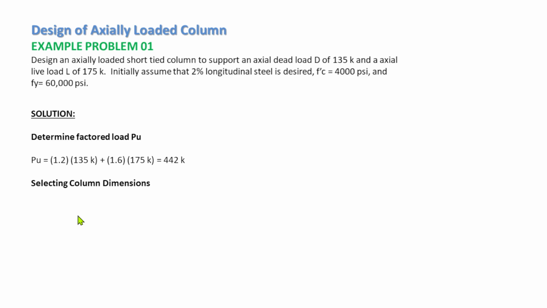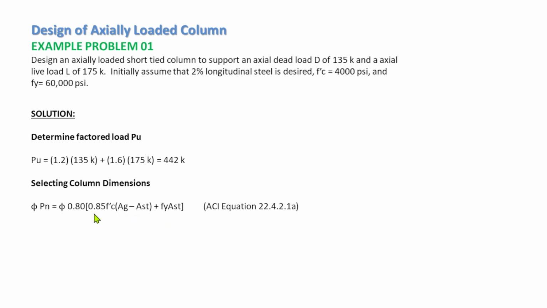Now we have to determine the dimension of the column, given the condition of 2% longitudinal steel and the applied factored load of 442 kips. The solution is very straightforward. We have only this equation based on ACI equation 22.4.2.1a.